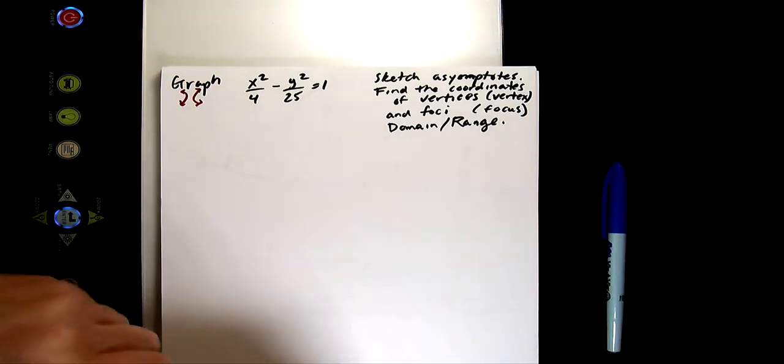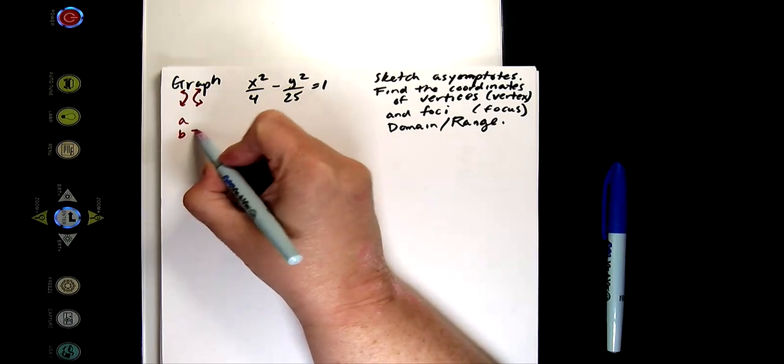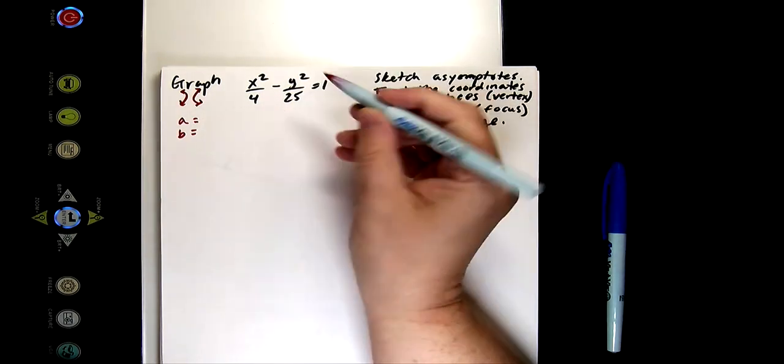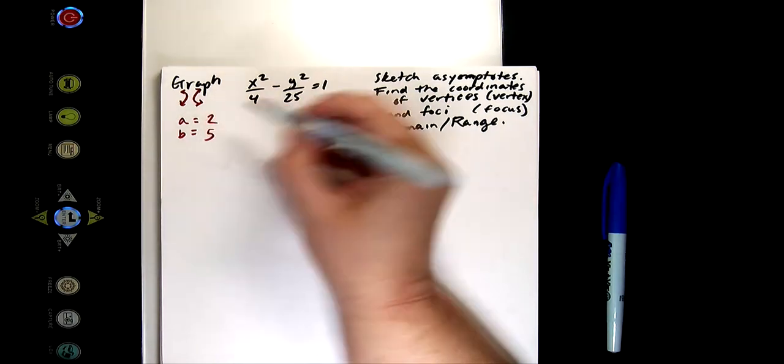So what is my A and B here? Two and five, yeah.